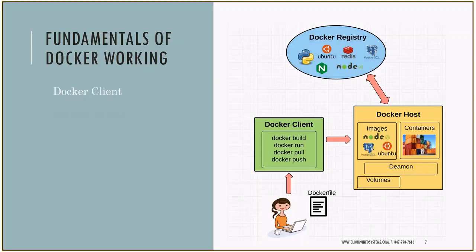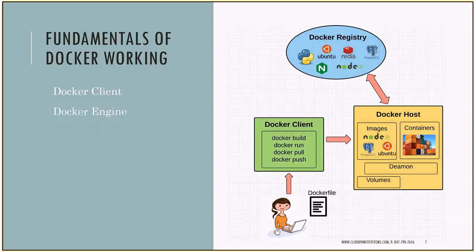The Docker client, as you being the end user of Docker, you can think of it as the UI that you communicate with. You will put in a command such as docker build followed by the image name. You will be communicating to the Docker client, which will then in turn communicate to the Docker host.